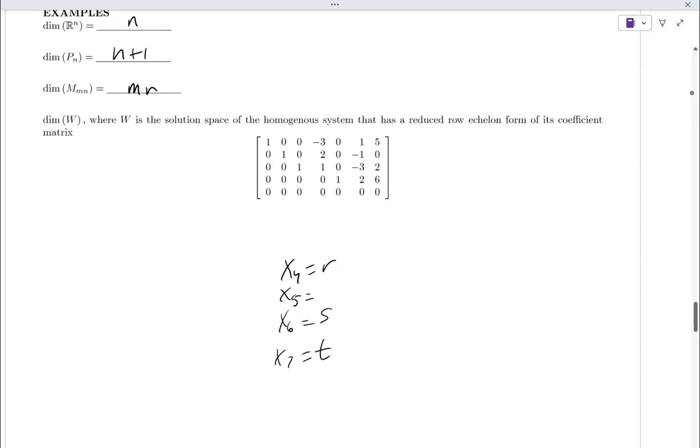What row am I going to look at to figure out what x5 is? Yeah, it's this row, right? This is the row I'm going to use to figure out what x5 is.